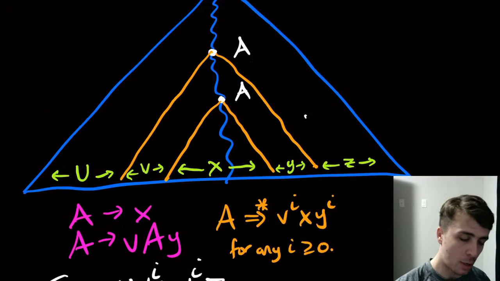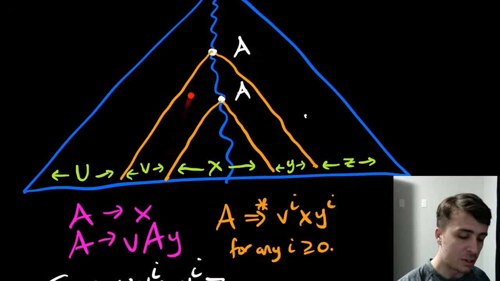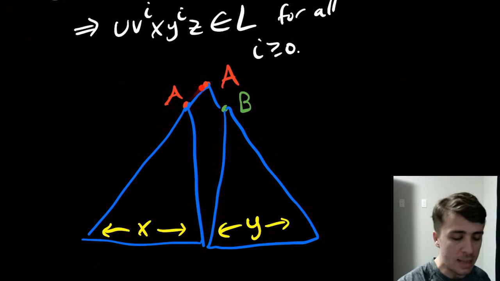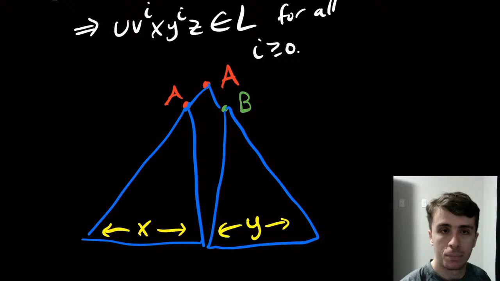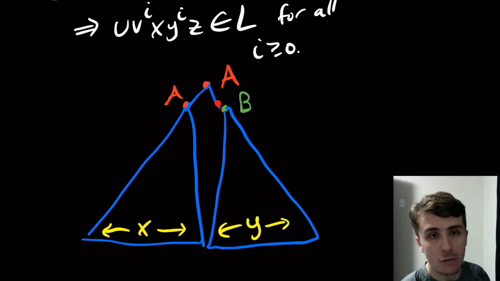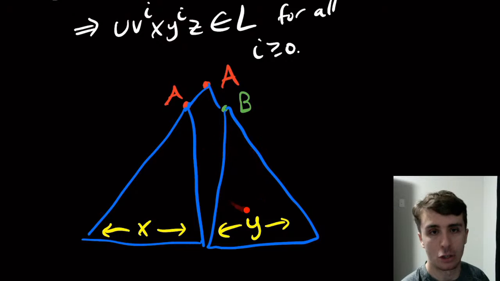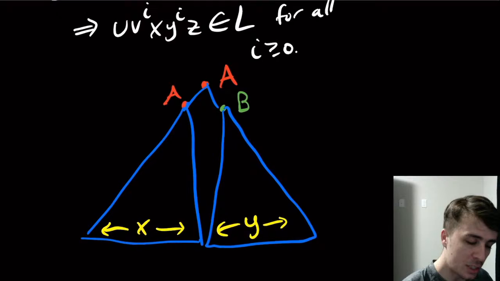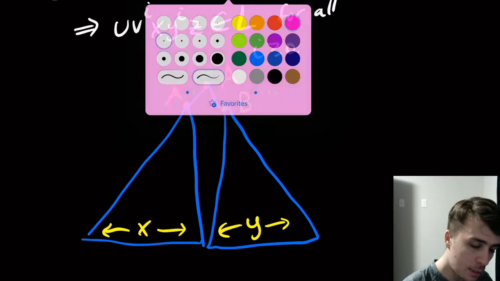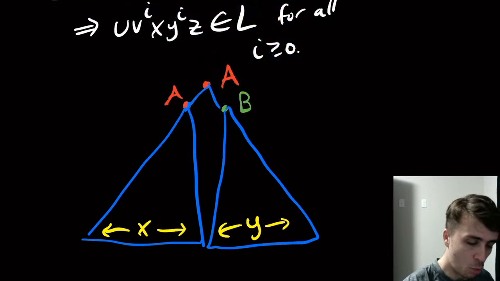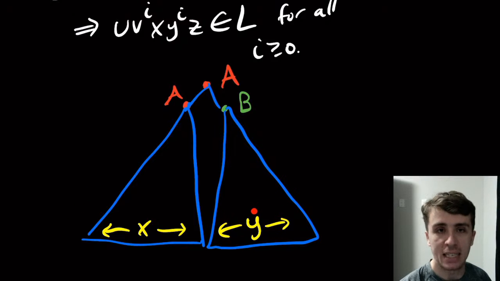So if we look up here, there's a gap in between, whereas down here it could be that there is no gap there. But because of this other variable over here, this side must have some characters in it because b is not the start variable. So what this tells us is that if v is empty, then y is not empty.